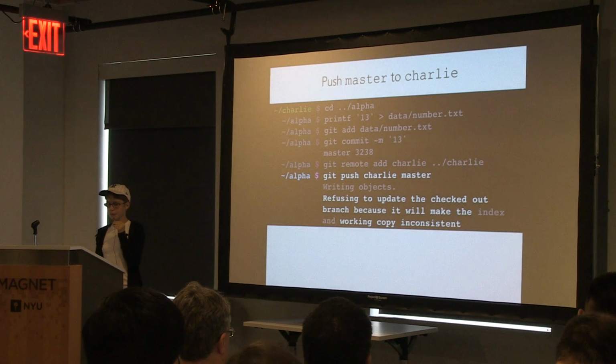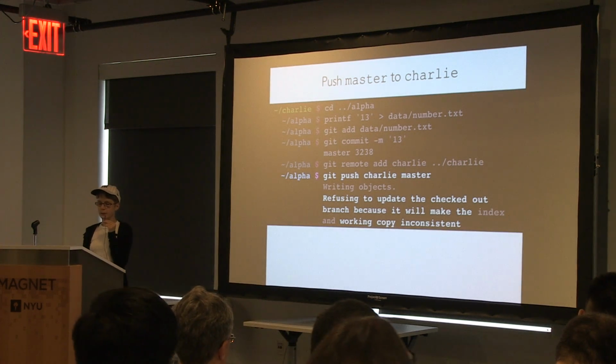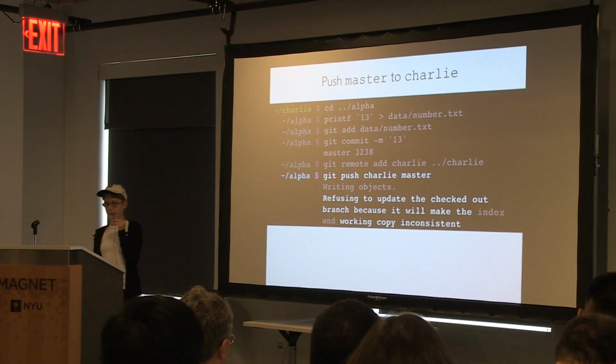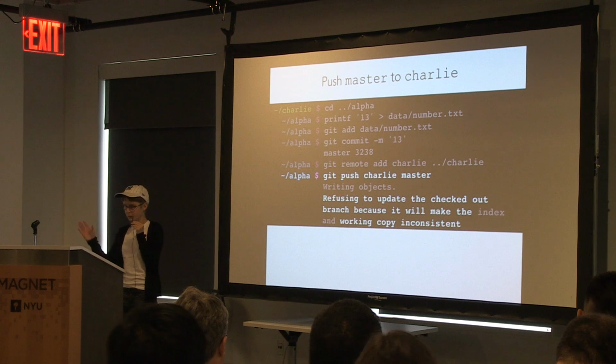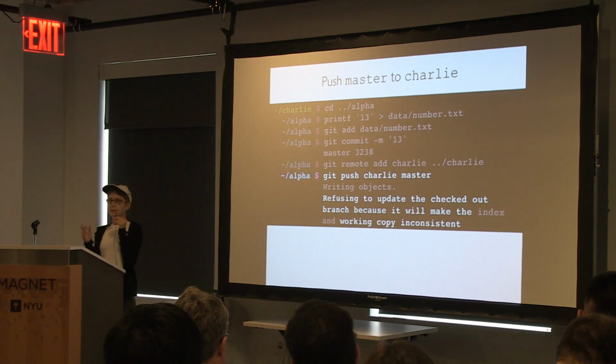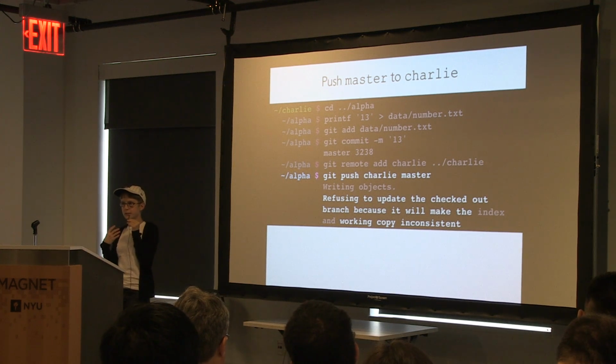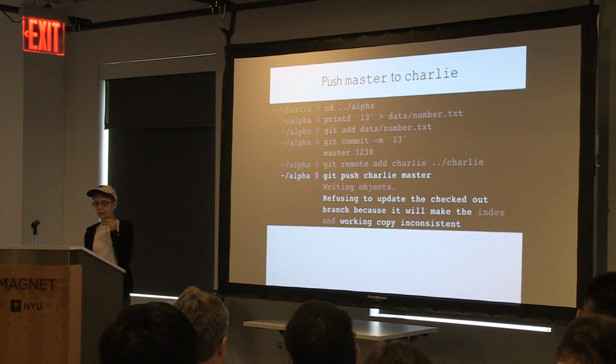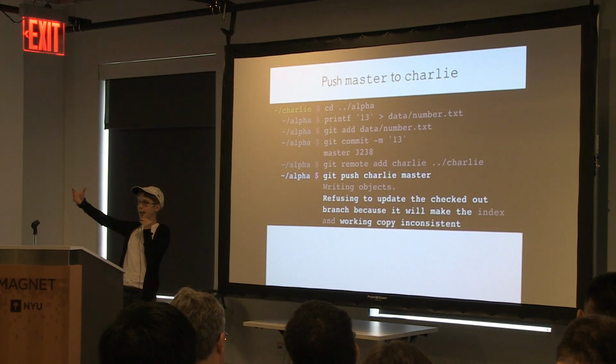And what happened was that Git said, hey, I'm refusing to update the checked out branch because it will make the working copy inconsistent. Now, what's going on here? Well, just imagine that I'm making some changes to Charlie, and I'm typing some lovely changes into my working copy on Charlie. And then suddenly someone pushes alpha over to me. Now, a push is effectively a checkout.